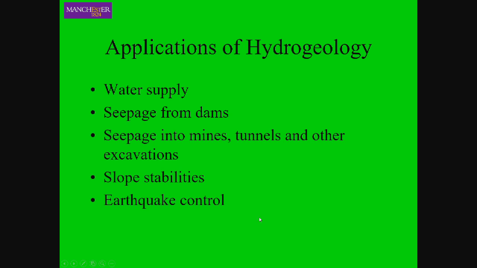And that's actually related to these 2 things as well. The pressure of fluids in the crust near the surface and deeper down are very strongly related to how stable slopes are on the surface, and they're also related to the mechanisms of how earthquakes take place.